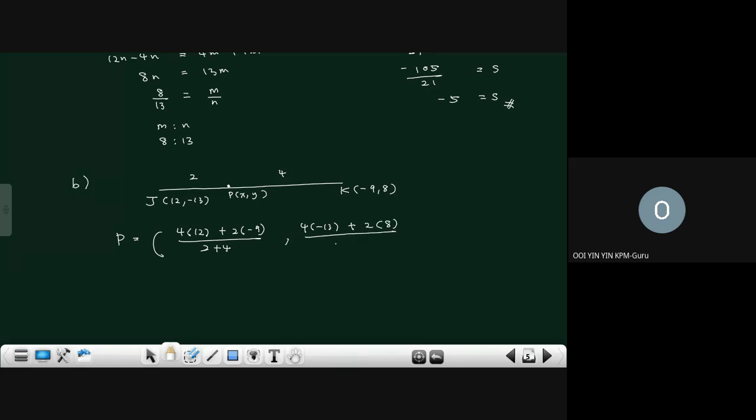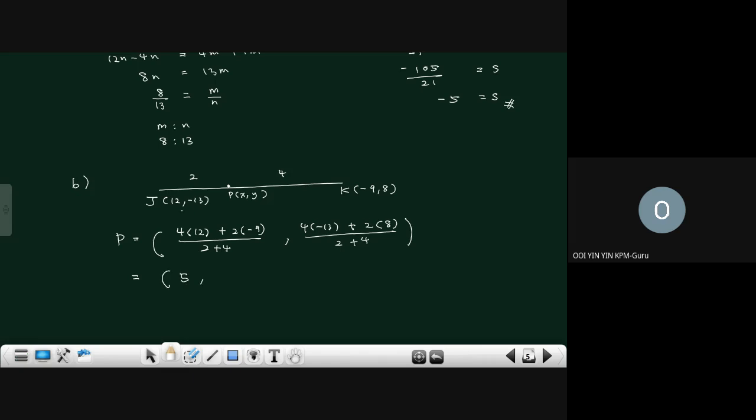Divide with 2 plus 4. So you calculate here 48 minus, this one is 18, right? Minus 18, 48 minus 18, 30. 30 divided by 6, you have 5 here.